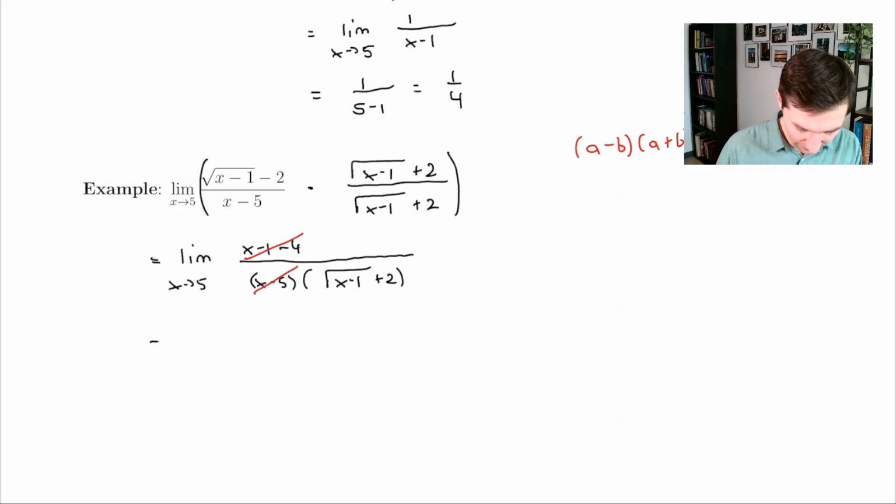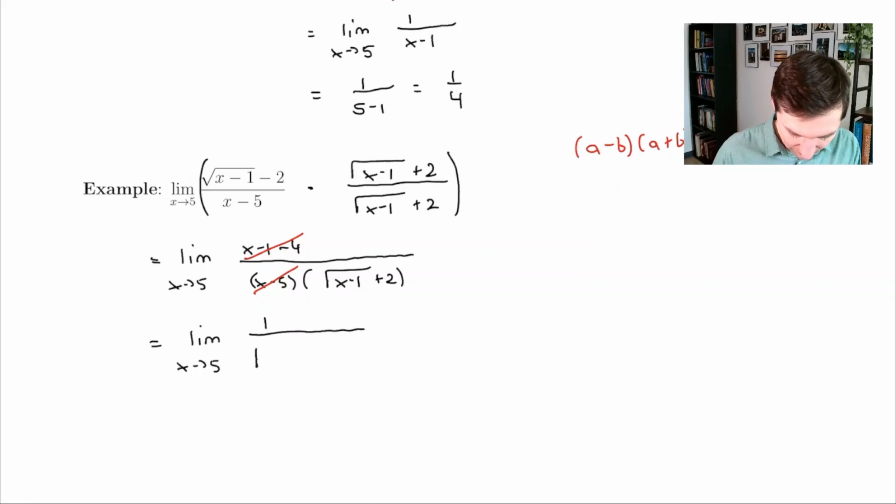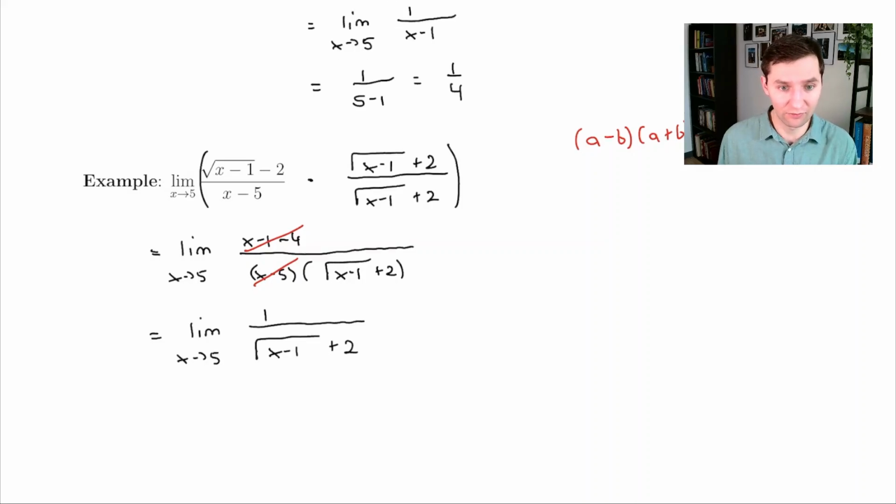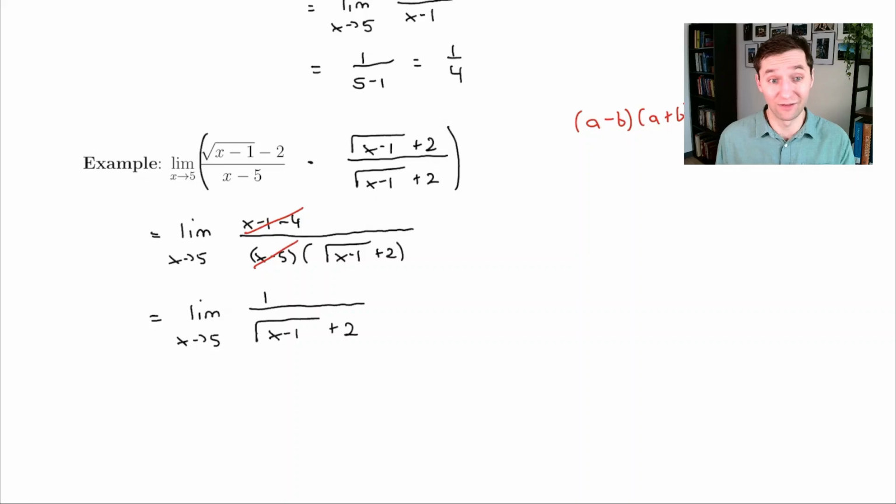That gives me the limit as x goes to 5 of 1 divided by square root of x minus 1 plus 2. Now, nothing is stopping me from plugging in 5 to this expression. I will no longer get division by 0.